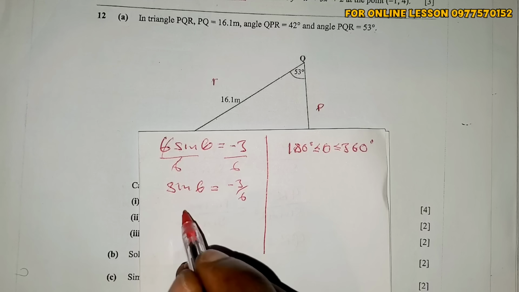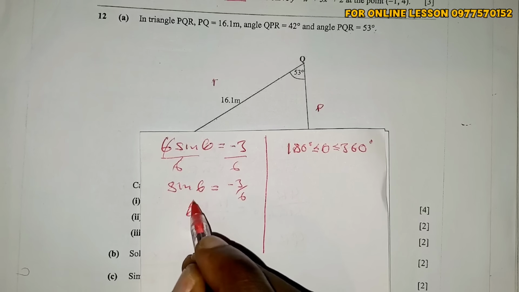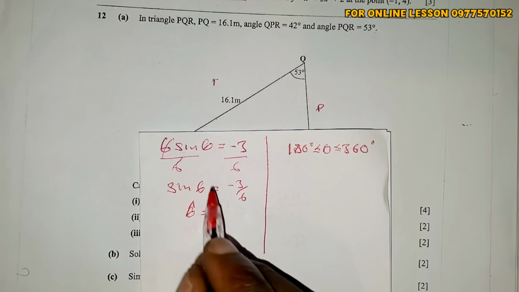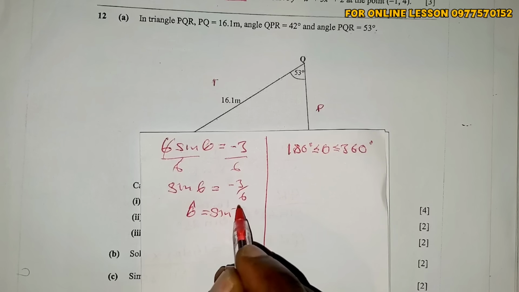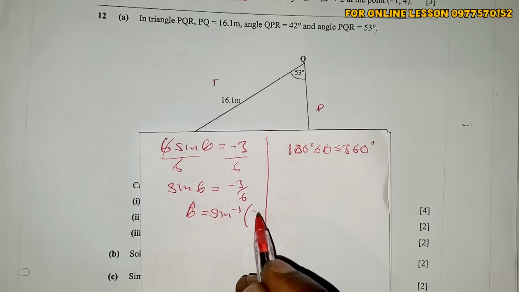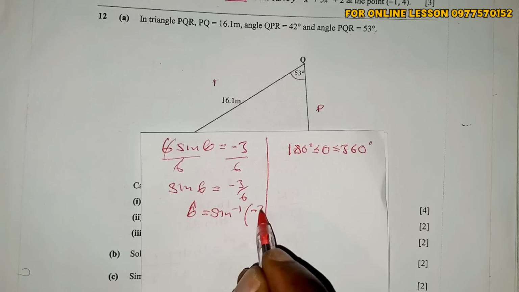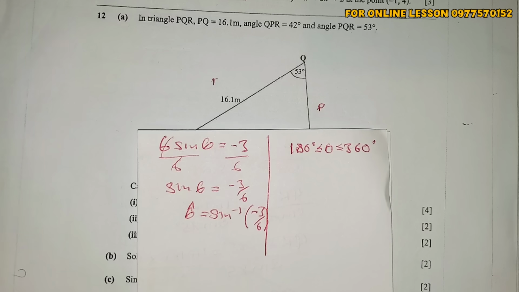So you need to have theta here. This is the reference angle. It is equal to sine inverse of negative 3 over 6.